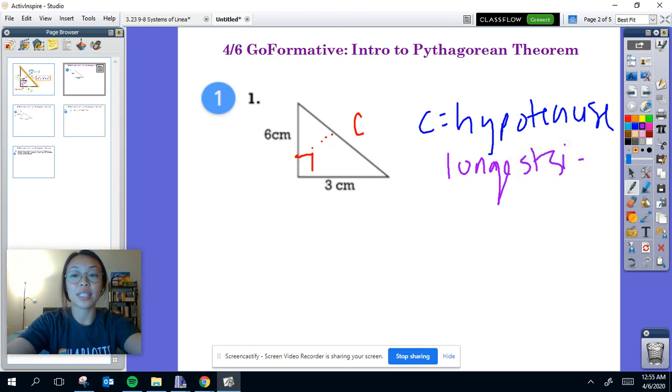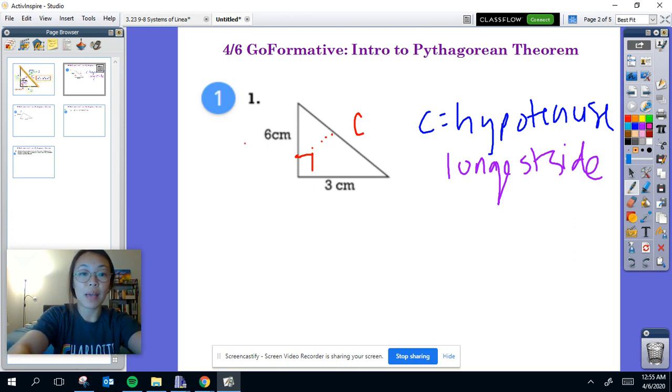You can clearly see right here that C is the longest side. So next we're going to label A and B. Now it doesn't matter which one you label A and which one B. I'm going to do A and B like this, but if you wanted to, you could do B and A. It doesn't matter.